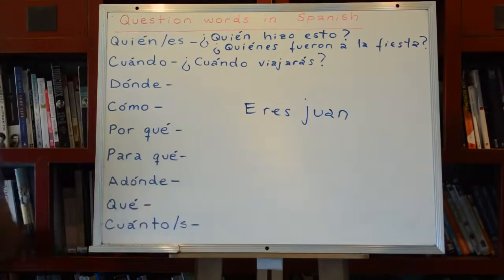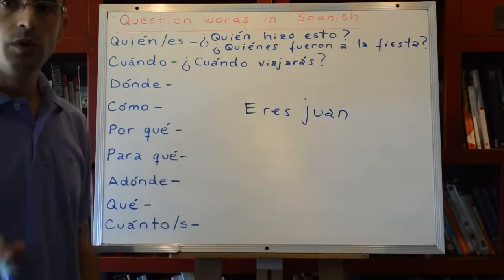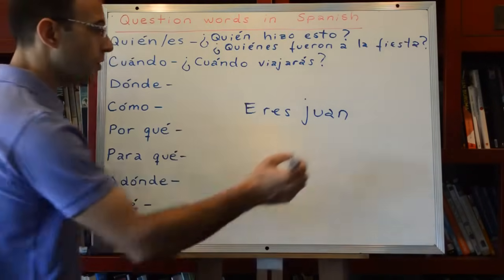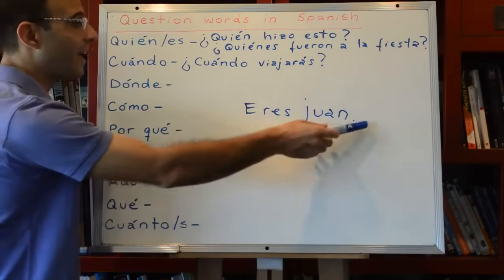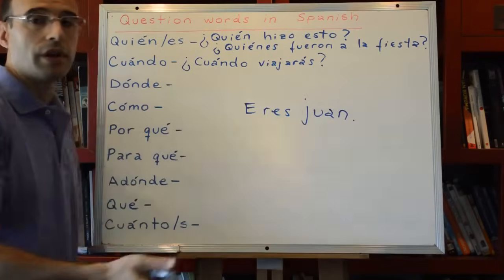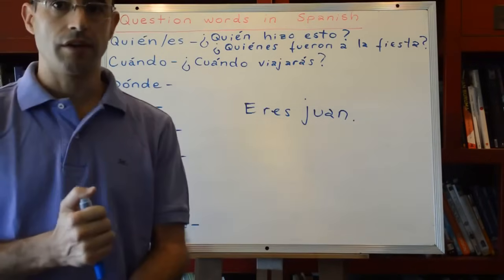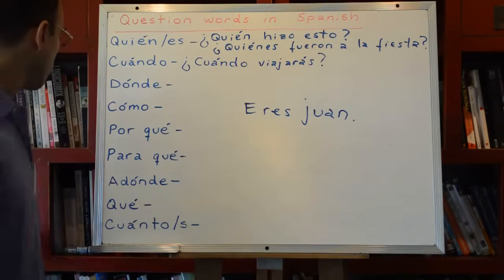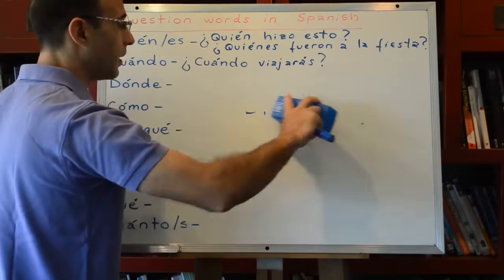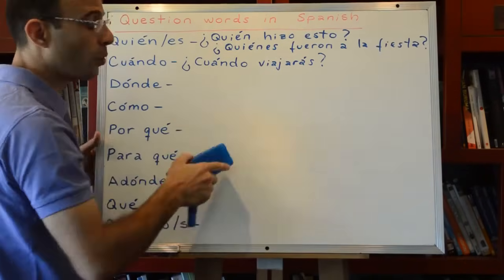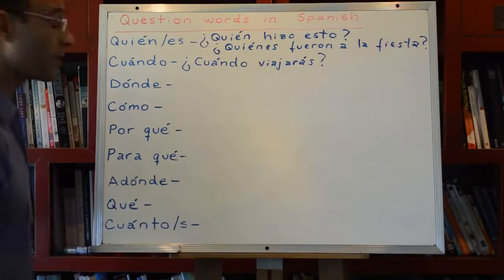Eres Juan. Here I'm stating, you are Juan, you are John, okay? So the structure is exactly the same in Spanish for statements and for question sentences, right? That's why it is important to open the question mark whenever a question begins.